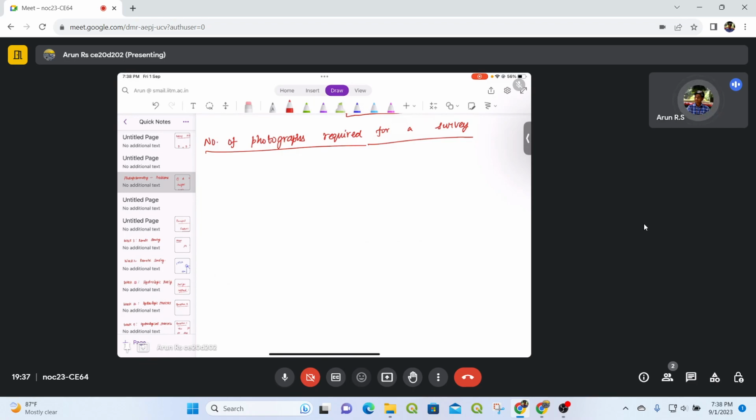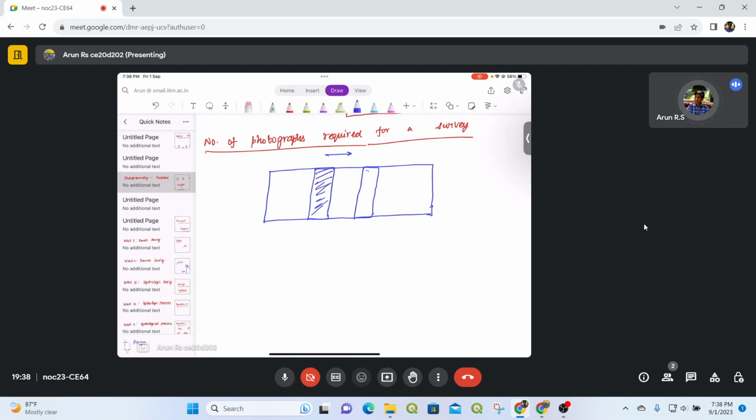Whenever a survey is being conducted, n number of photographs will be taken, and these photos will be taken such that they overlap with each other to a certain extent. If this is the first photograph, and this is the flight direction, your second photograph will be captured like this. Then comes your third photograph.